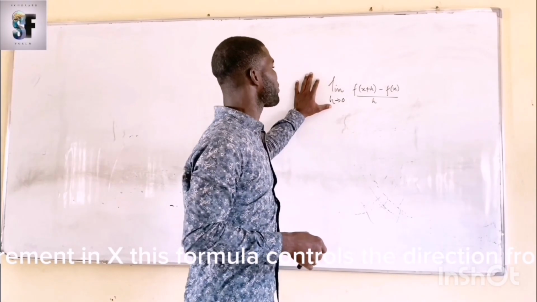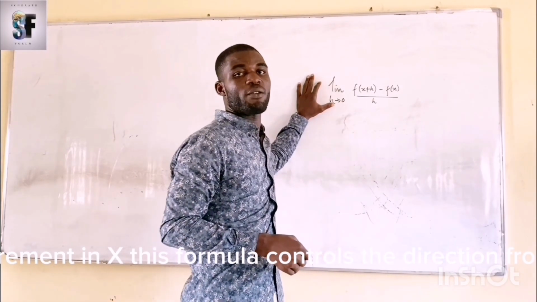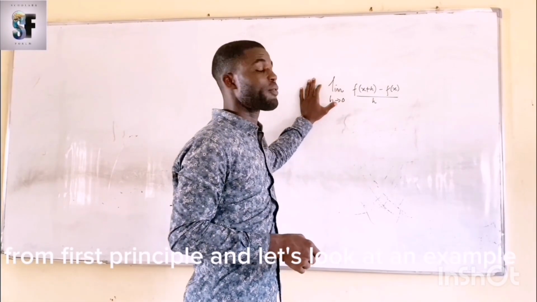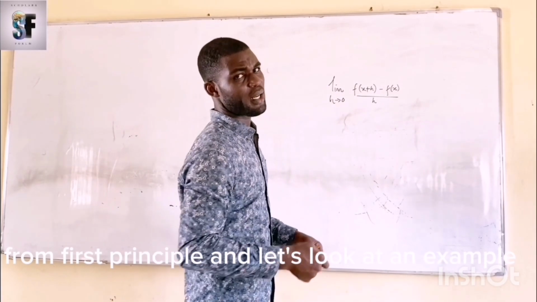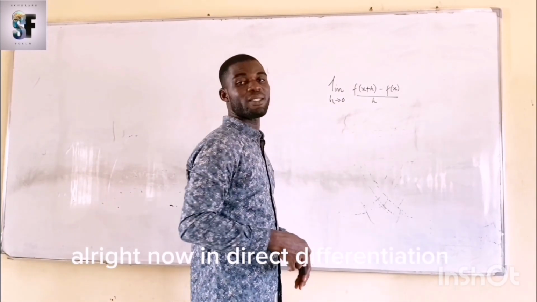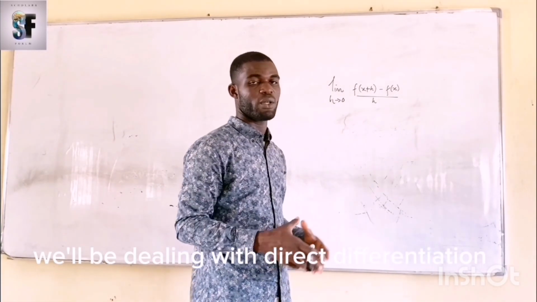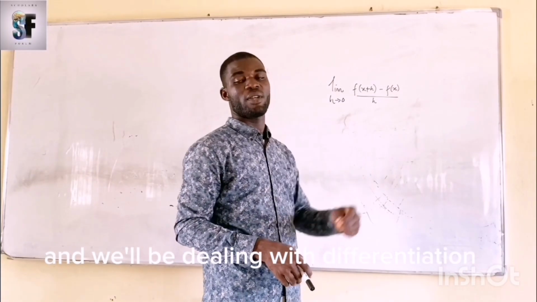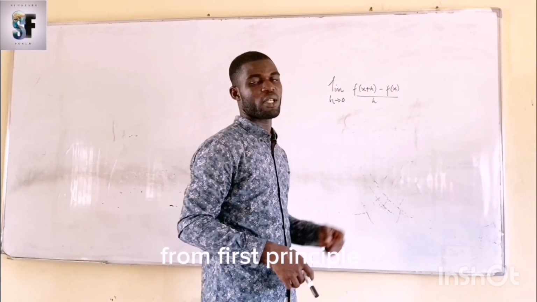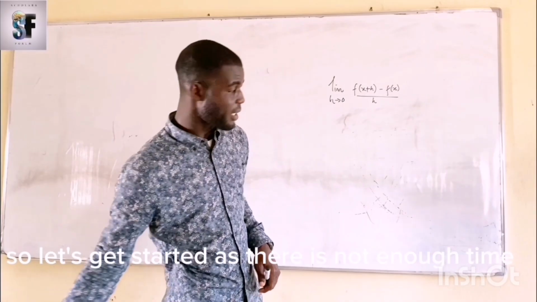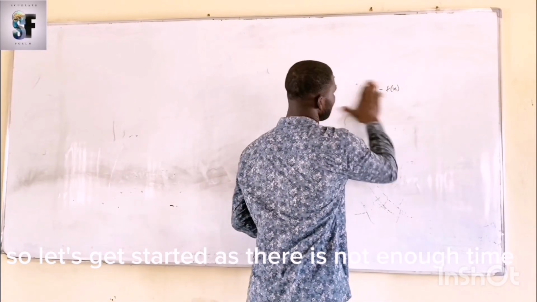This formula controls differentiation from first principle. And let's look at an example. Now we'll be dealing with direct differentiation and differentiation from first principle. So let's get started as there is not enough time.